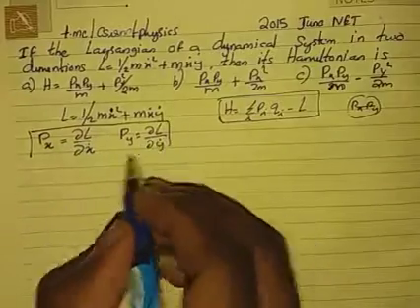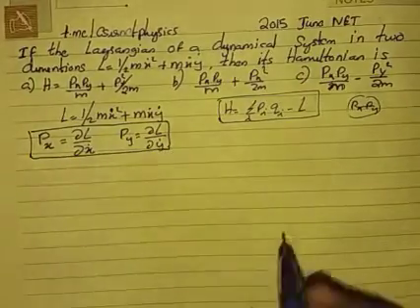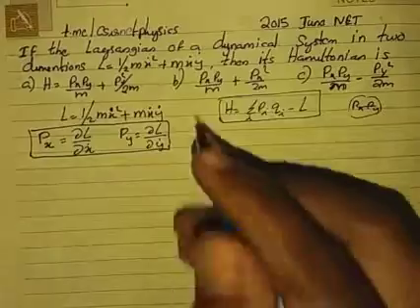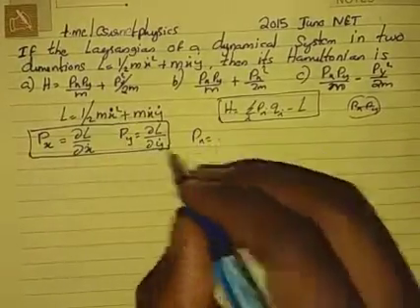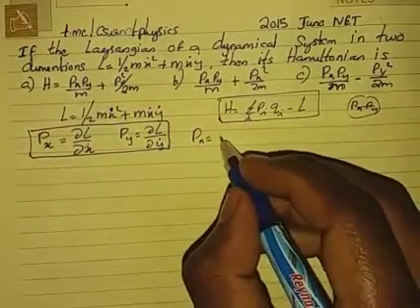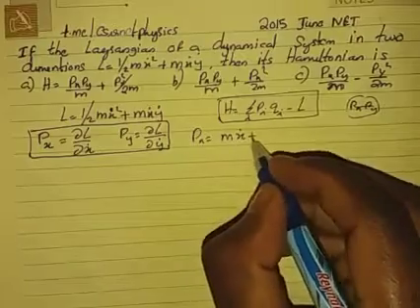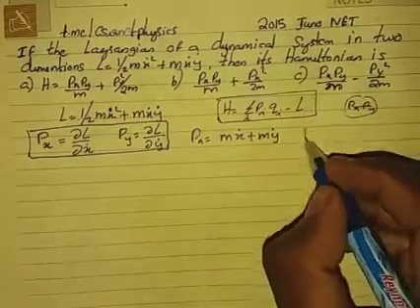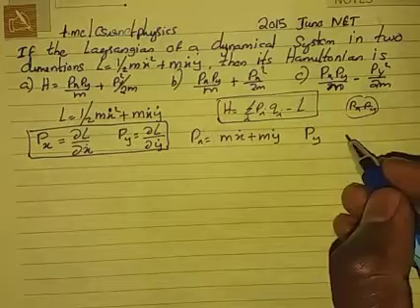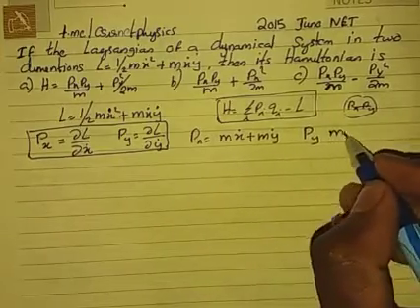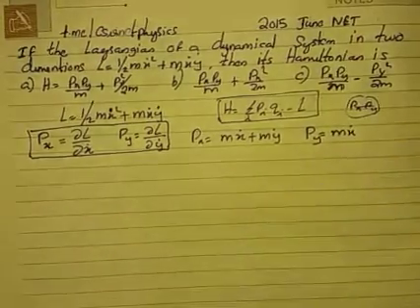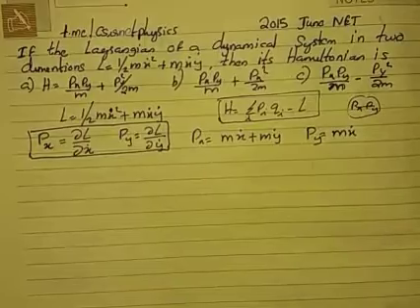We have already discussed this in numerous problems. So px will be m x-dot plus m y-dot, and py, taking the derivative with respect to y-dot, is m x-dot. That's px and py.